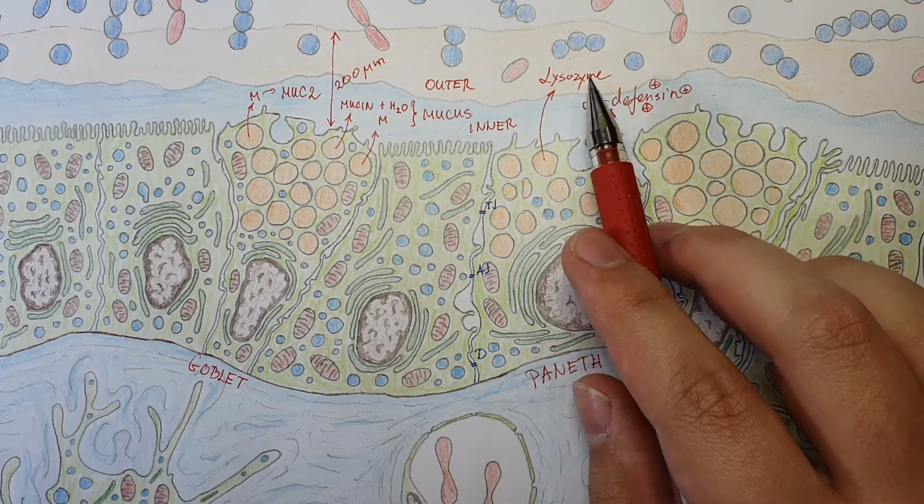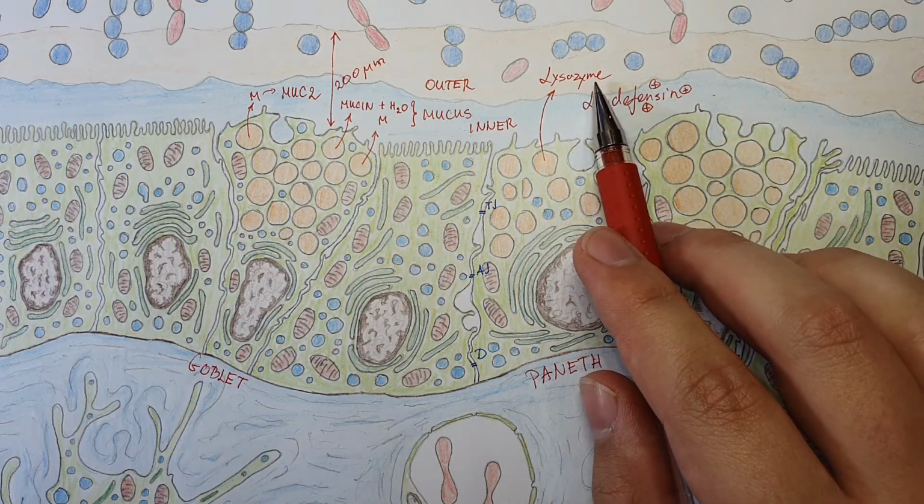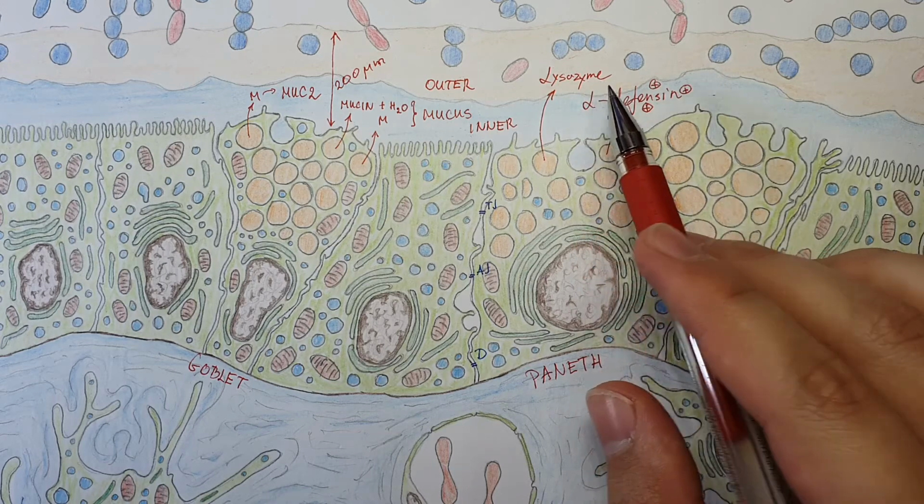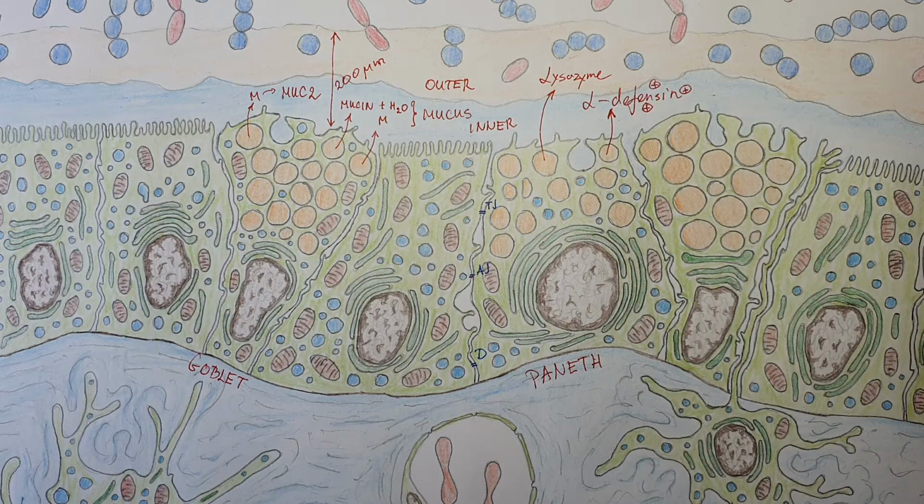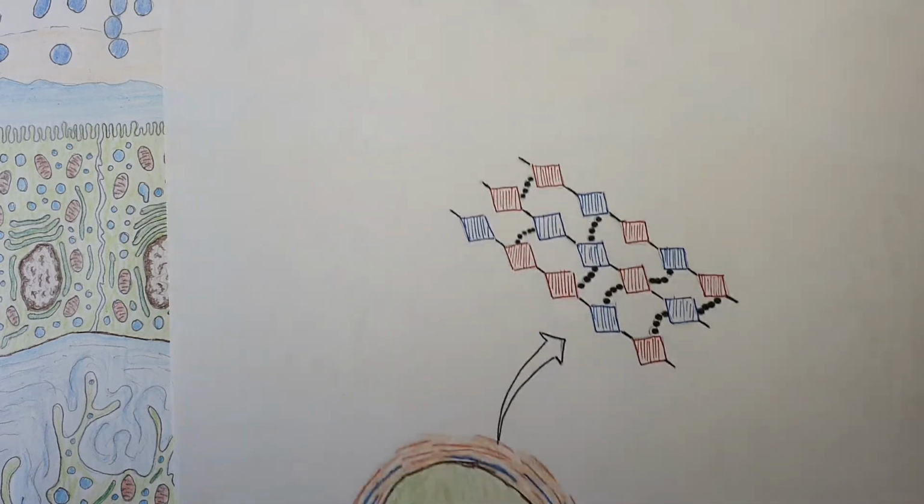Lysozyme is a specific enzyme. So this specific enzyme acts on the bacterial peptidoglycan. In order to explain this, I will insert another picture.